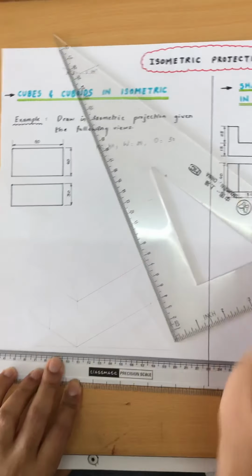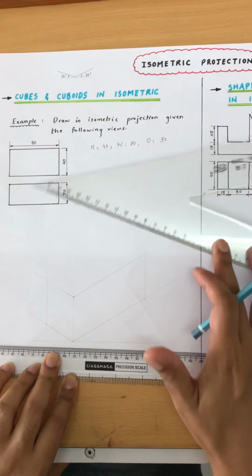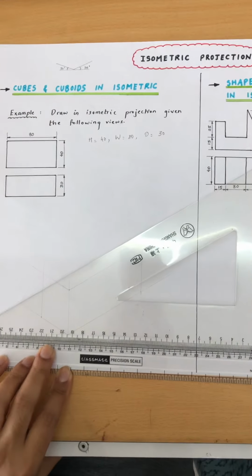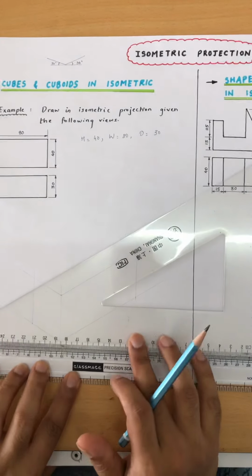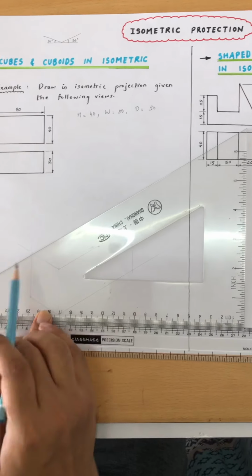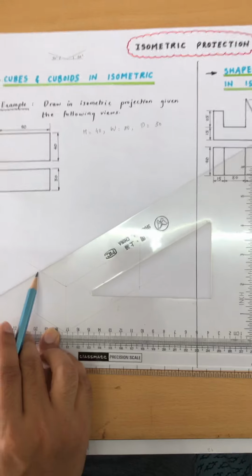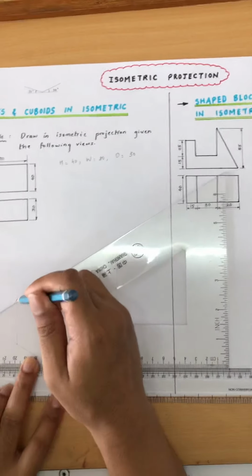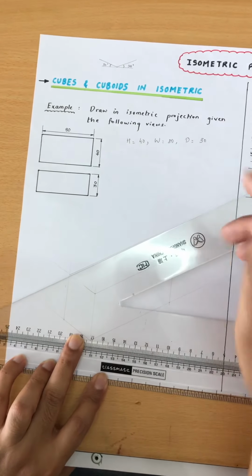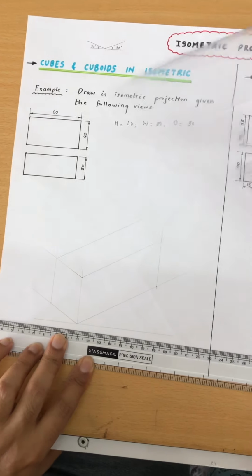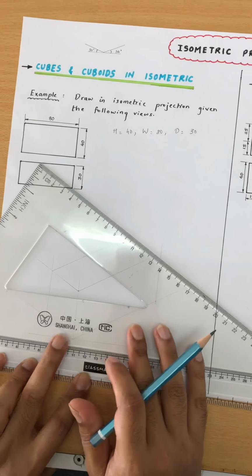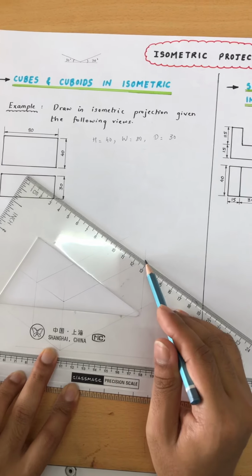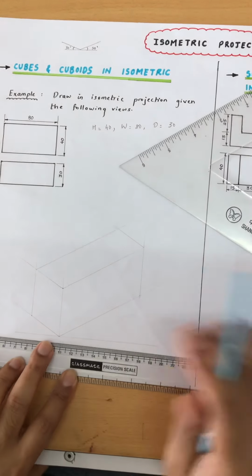I draw another line. Now to complete it, I put the set square back like this, and then I draw a line from this point where these two lines have intersected. To complete it, I'm going to draw a line from this point until it meets this line.